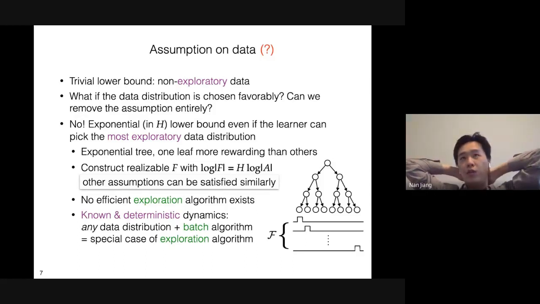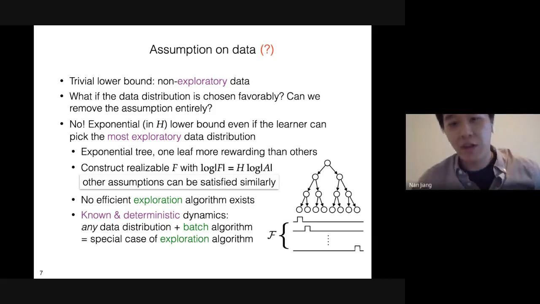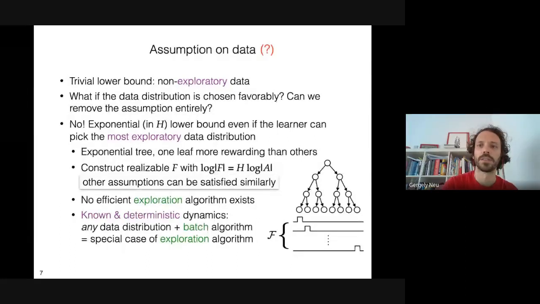And it is well known in the multi-arm bandit literature that if you just have an unstructured multi-arm bandit that looks like this, where one of the random arms has higher rewards than all the others, then you must pay sample complexity that is at least linear in the number of arms. And here is the number of leaves. Yes. All right. Okay. Gotcha.